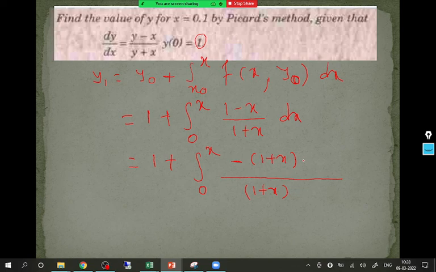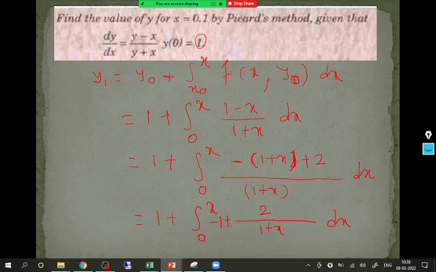So what should be the adjusted term? It is +2. This is the adjustment you should think of so that you can take a separated division. Now the integrand becomes the integral from 0 to x of -1 plus 2 upon 1 plus x.